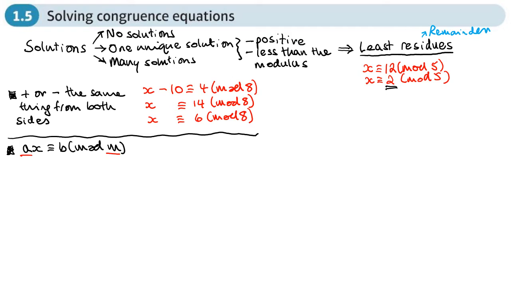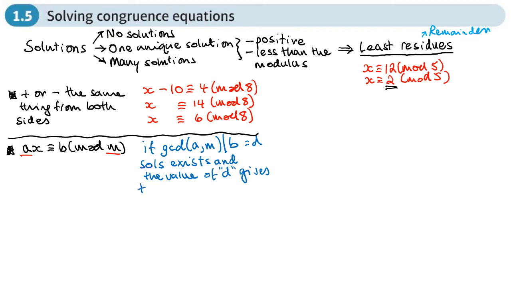So if the greatest common divisor of a and m divides b, then solutions exist, and the value of that, the greatest common divisor, let's call that d, gives the number of least residue solutions.